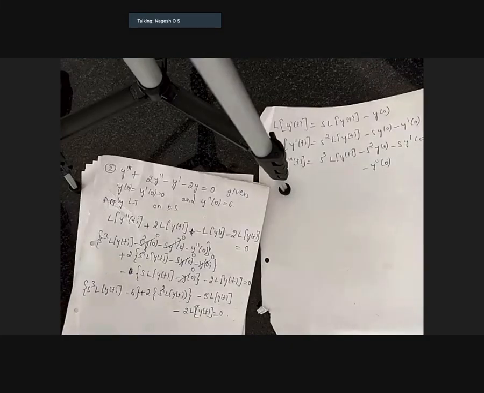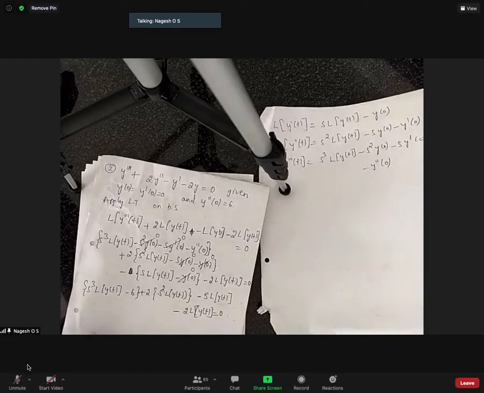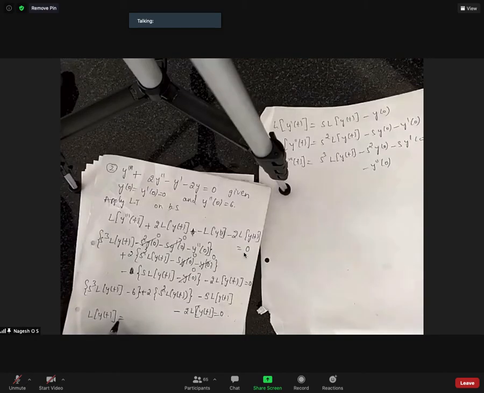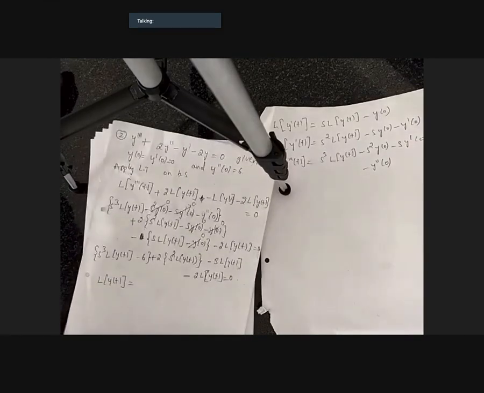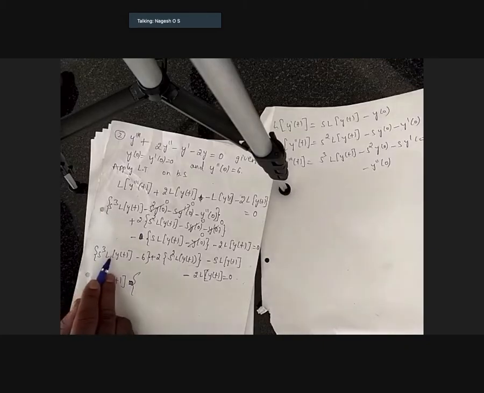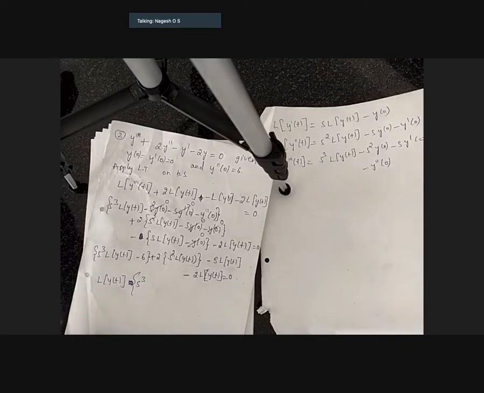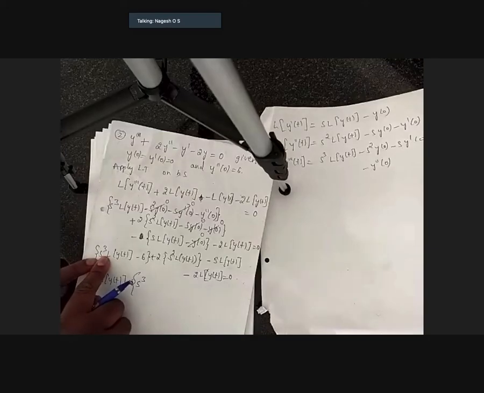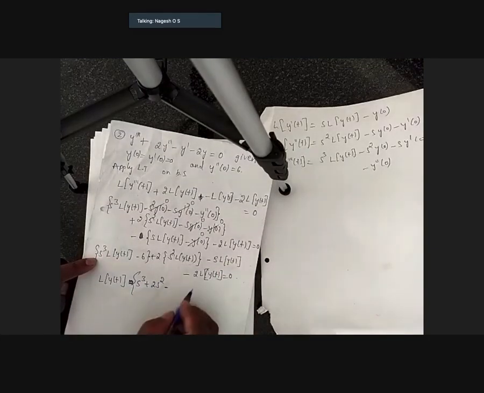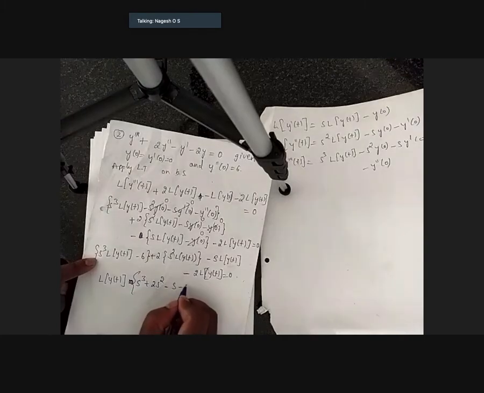Now take out Laplace transform of y of t as common. If you take Laplace transform of y of t common, this will be s cube from here, plus 2s square, minus s from here, minus 2.